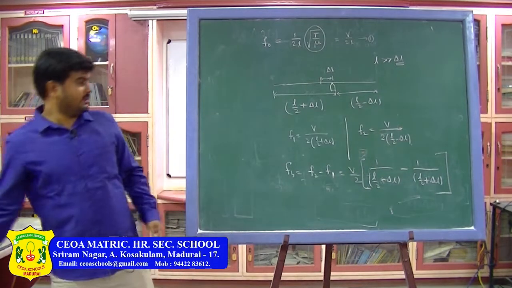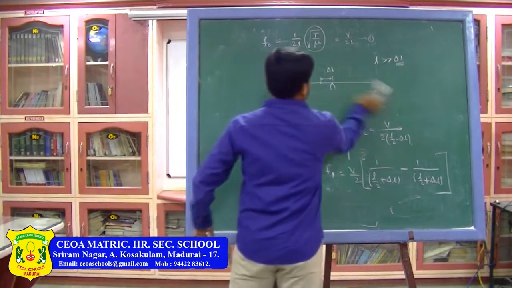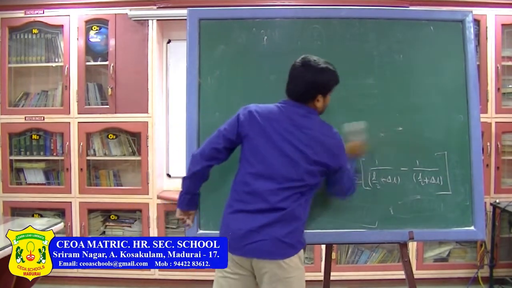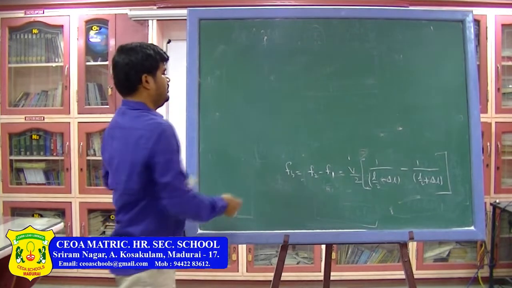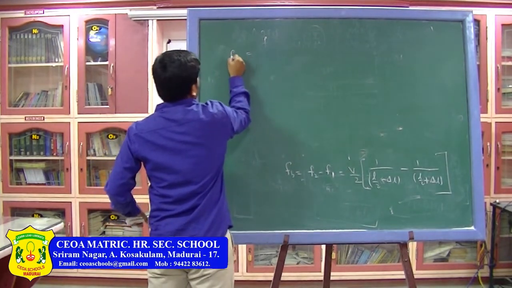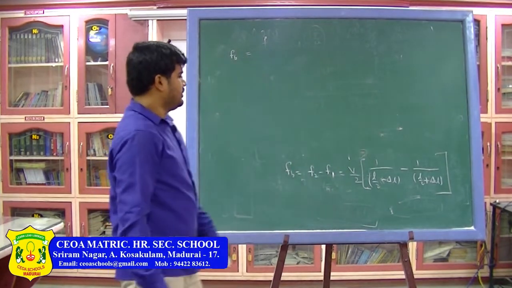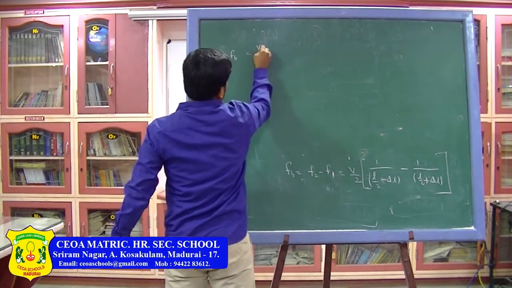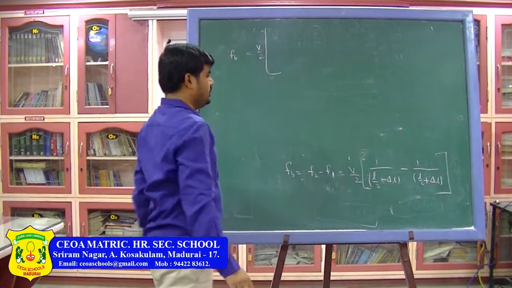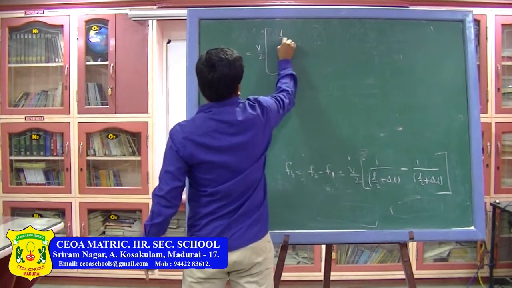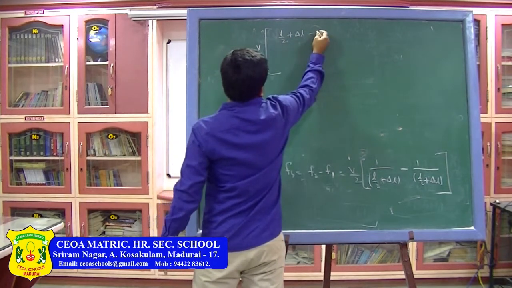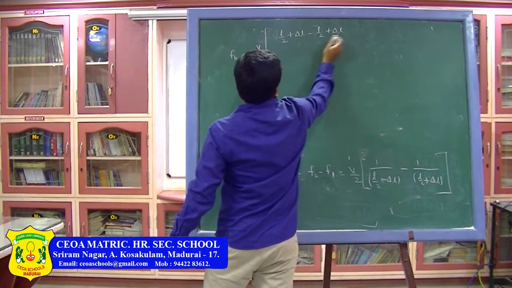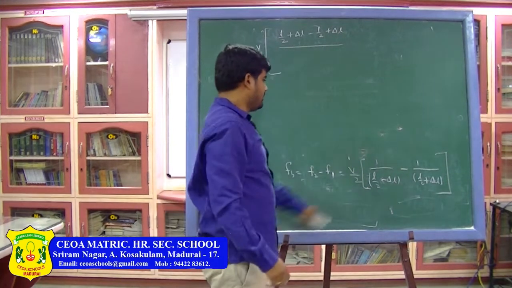Now, let us simplify it to get the number of beats. Taking the LCM, the beat frequency is V by 2 into L by 2 plus delta L minus L by 2 plus delta L, with the terms arranged over the denominator.